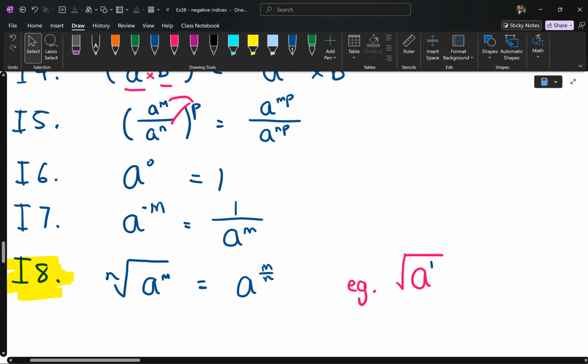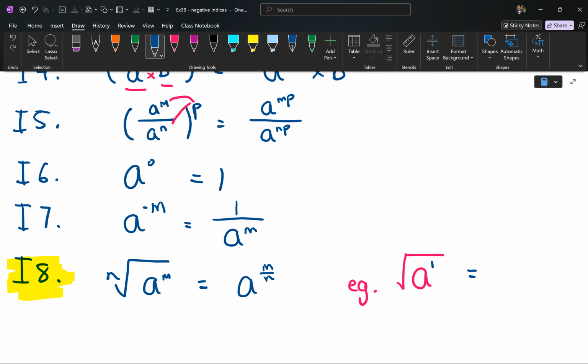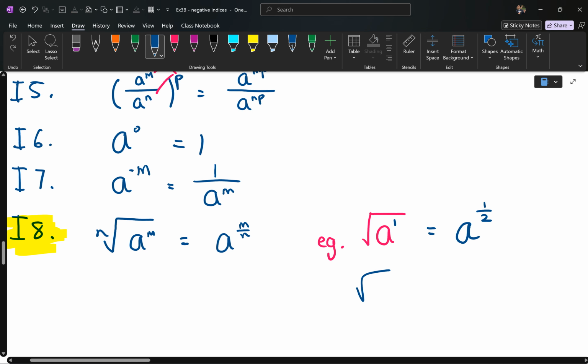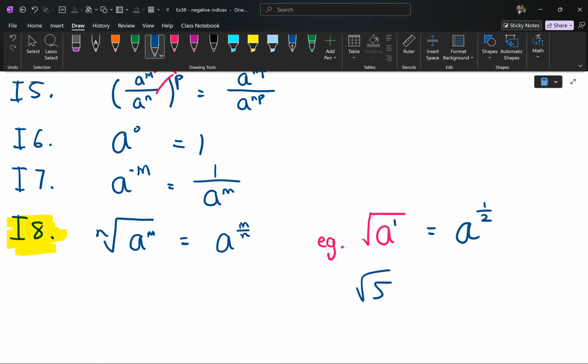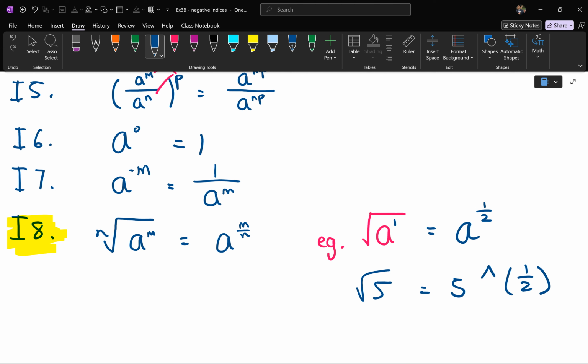So if you're using this rule, m is currently 1, and then because it's a square root, the denominator should be a to the power of 1 on 2. So if you wanted to do a square root of 5 on a calculator, and let's say you're doing it on your computer and it doesn't have a square root symbol, you can actually type in 5 and that hat symbol, that means to the power of, and you can write 1 over 2, that's the same thing.